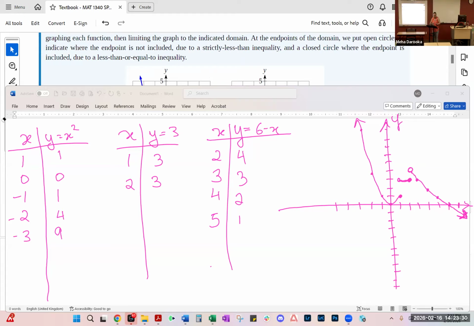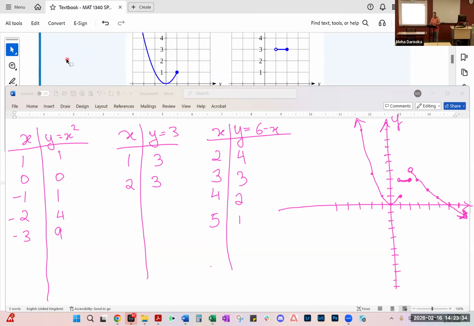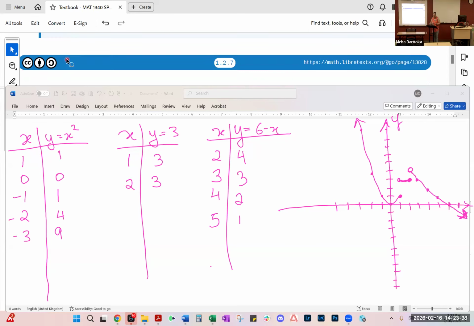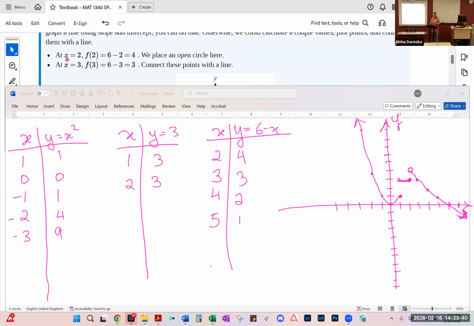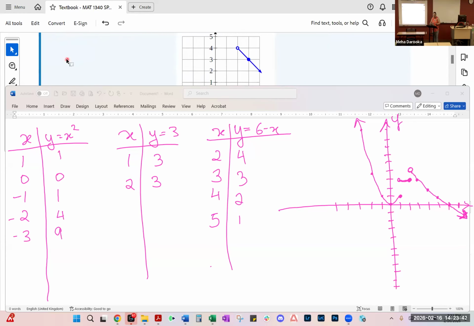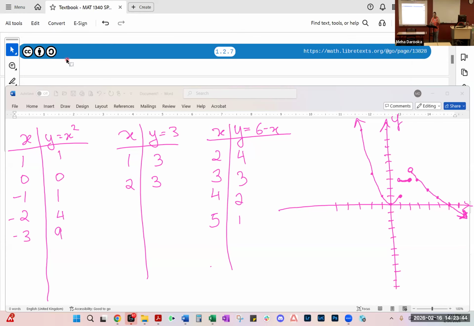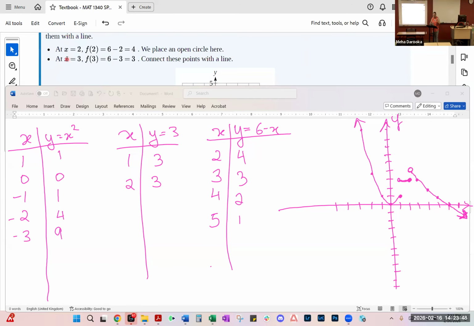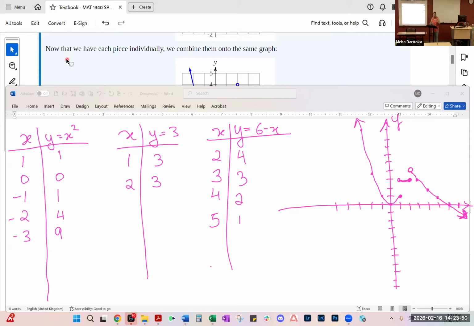So you can see each of the individual pieces. This was your parabola on the left, the constant function on the right, and then the 6 minus x over here. You can see where all the open and closed circles were based on the definition of your piecewise function, and then putting it all together.